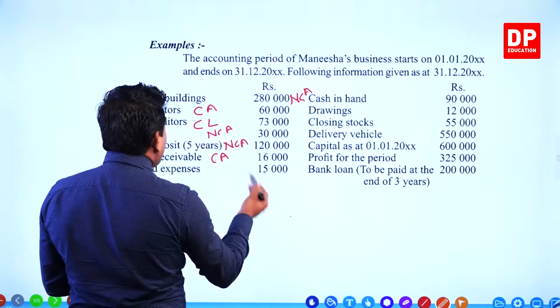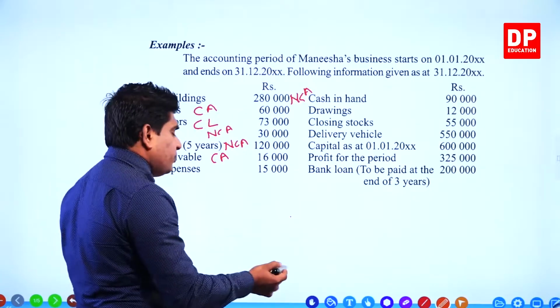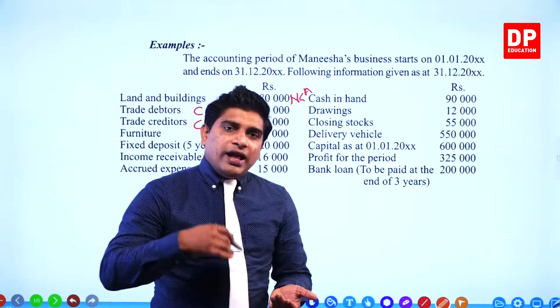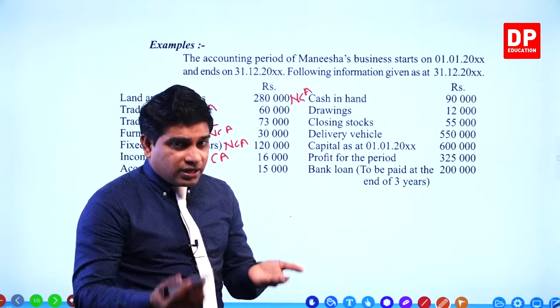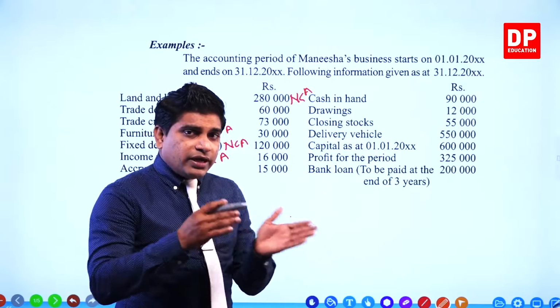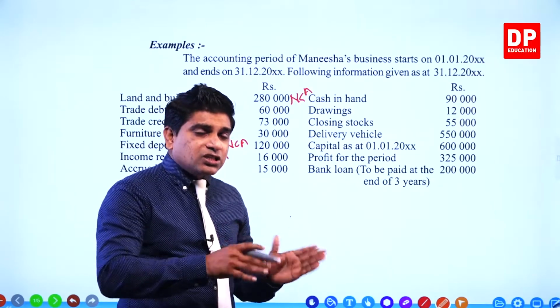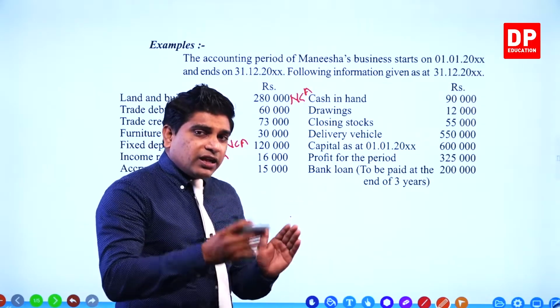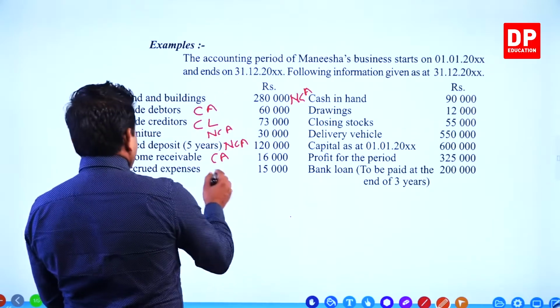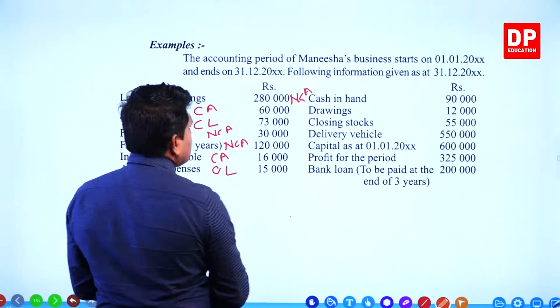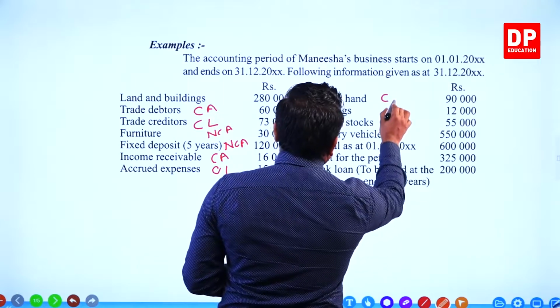Accrued expenses, such as accrued water bill, telephone bill, advertising and insurance: accrued means payable. If you put the word accrued in front of an expense, it's payable. If you put accrued in front of income, it's receivable. Accrued expense, current liability. Cash in hand, current assets.